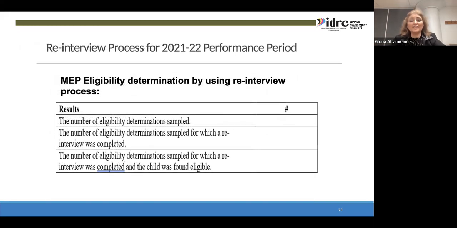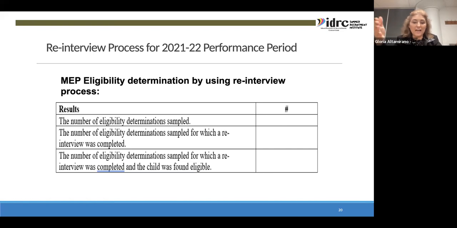And then of course they ask you about your interview process for that performance period. So it'll ask, what was the number of eligibility determinations that you sampled? Like for us in our database, our programmer will just have our database pick a certain time all the way to the seconds, and whatever number that landed on, it'll pick whichever COEs were done ending in that number.